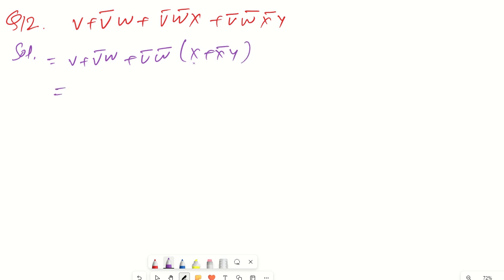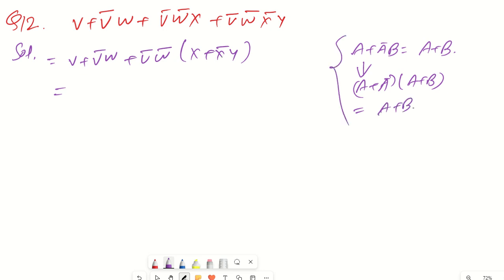Alright, now you know already that x plus x bar y will be x plus y. Why? Like I know a plus a bar b is equal to a plus b. Why is it happening? This was very simple, a plus a bar into a plus b, and a plus a bar is actually 1, so it is going to give us a plus b.